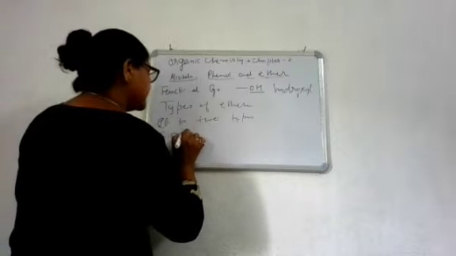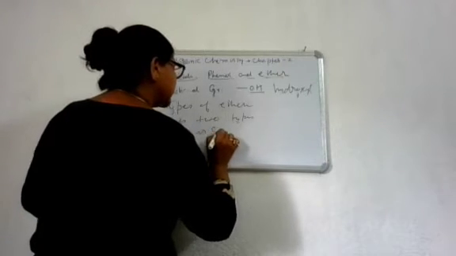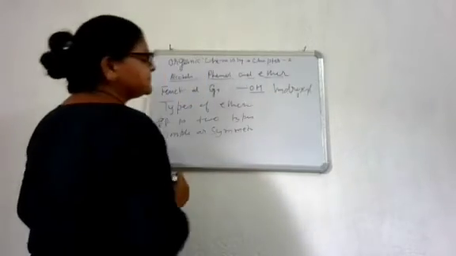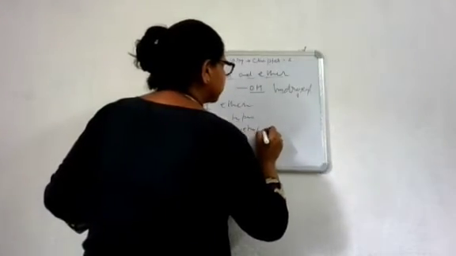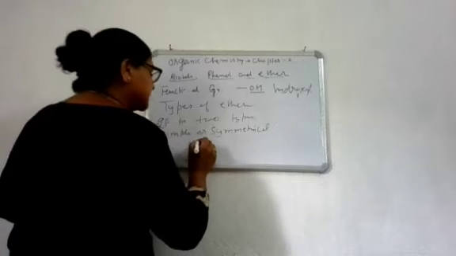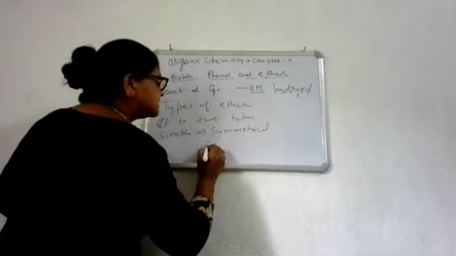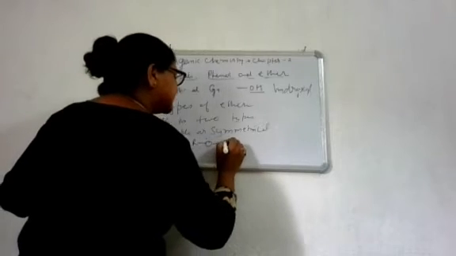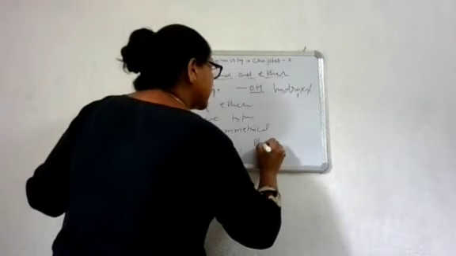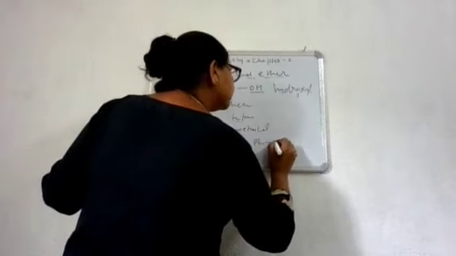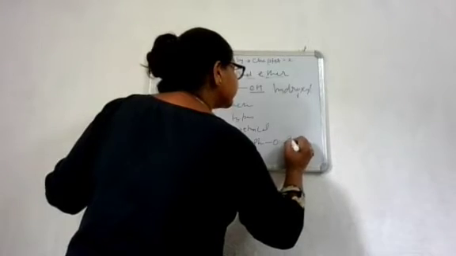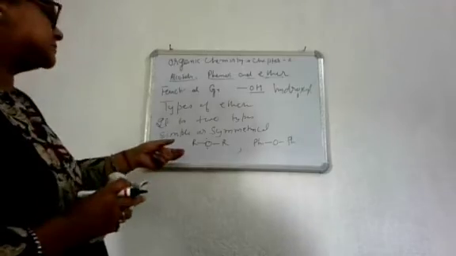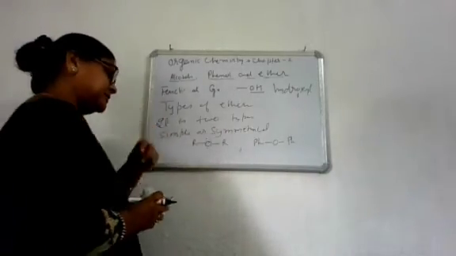The first is simple or symmetrical ether, in which the same nature of alkyl or aryl group is attached on the two sides of the oxygen atom. So it is simple or symmetrical ether.